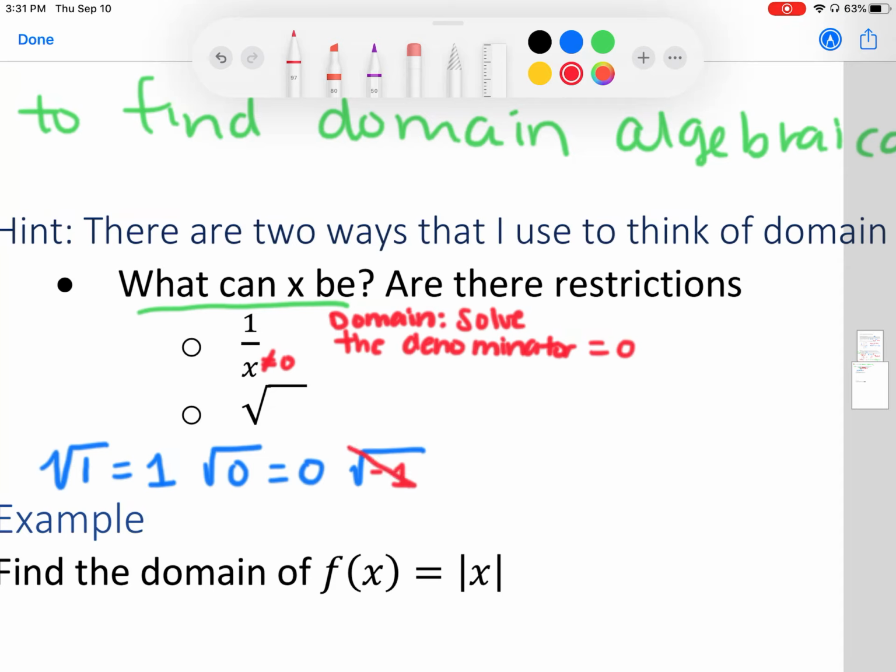But for us, that would make it a problem. We can't deal with negatives. So whatever expression we have inside the radical needs to be greater than or equal to 0. It needs to be positive, but it is okay if it equals 0. Hence why it's greater than or equal to.